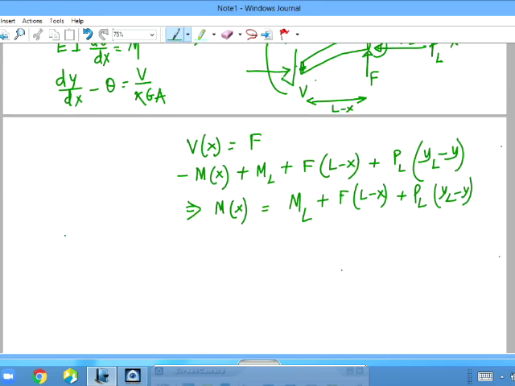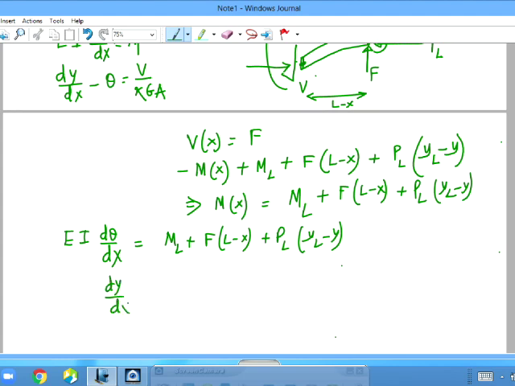If we plug these in our equation, we get EI dθ/dx equal to M, which is ML plus F into (L minus x) plus PL into (YL minus Y), right?